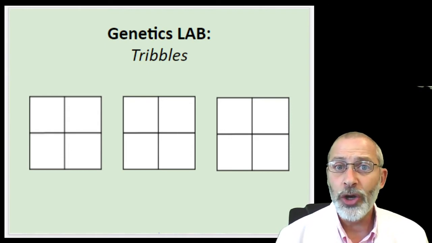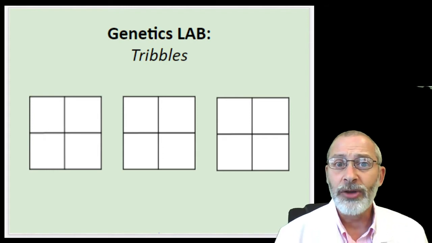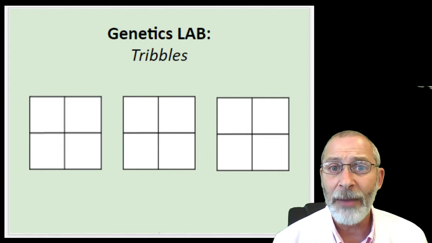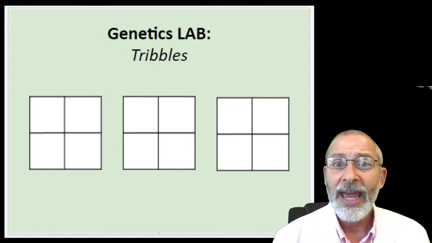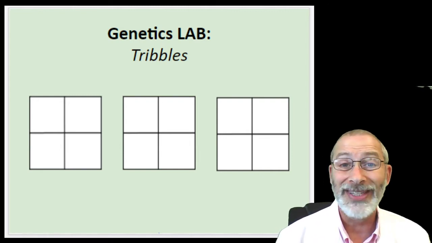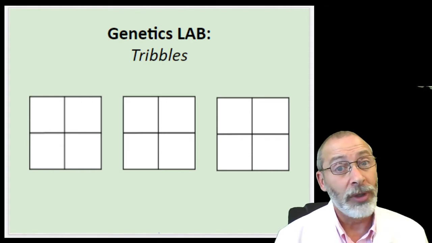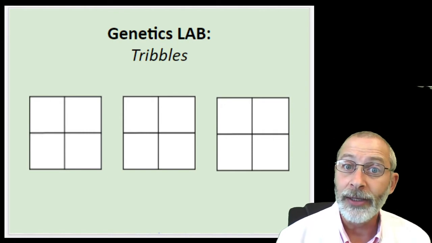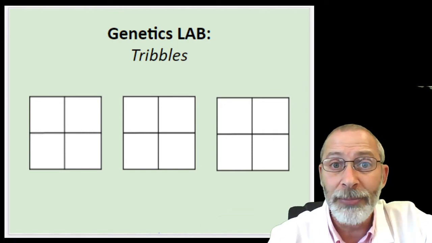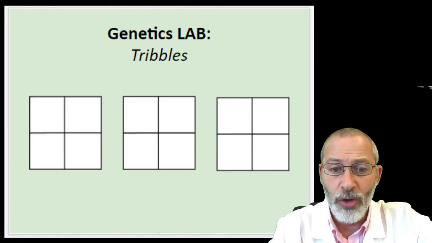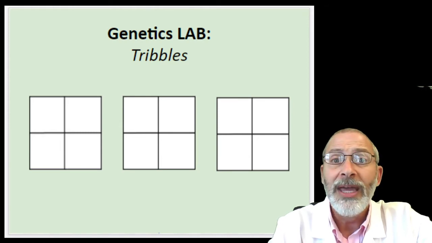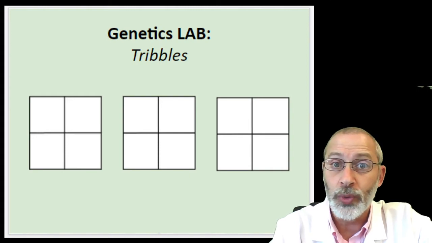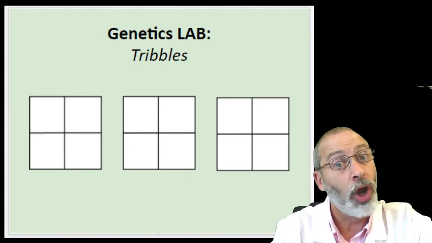And after I show you these tribbles, then you're going to have time to complete the various steps in the lab activity here today while I put the two tribbles together, and then we'll see what the resulting offspring look like. So at this time, let me stop talking and let me head over to the close-up view, and I'm going to show you our two tribbles, which will not remain two tribbles for long, if you know what I mean.